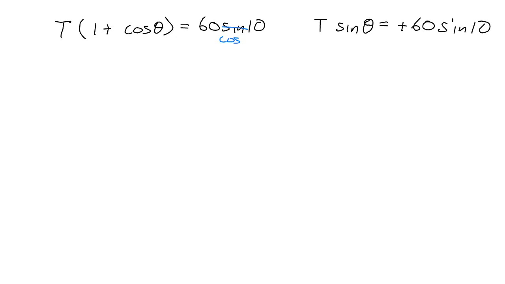There we go. That's kind of what I have in my notes here. This is going to become t cosine of theta over 2, that little thing is squared.